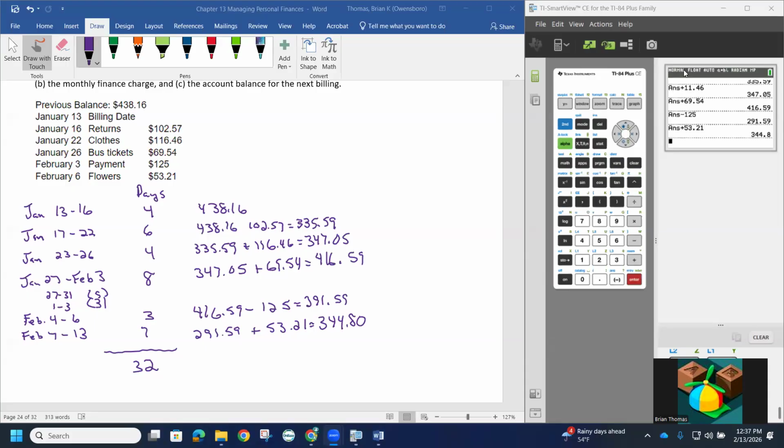As we follow this through, we pick up on that our balance starts out as 438.16. But then on the 16th, we have some returns. Starting on the 17th through the 22nd, my balance has changed.